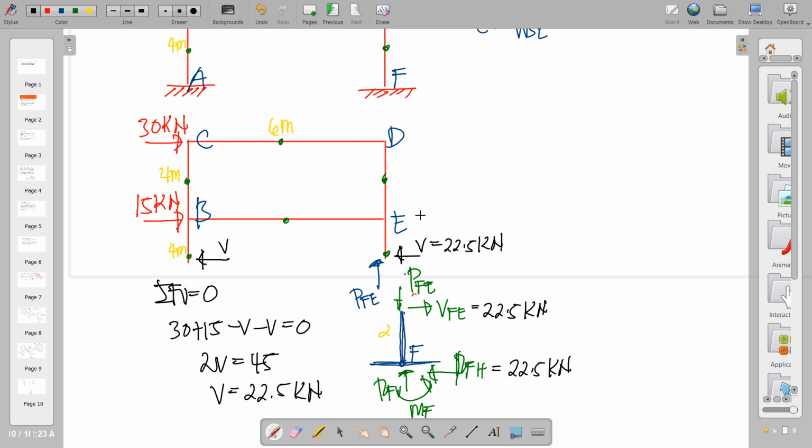Okay. So next, you can use the portal of E to further find for the unknowns. So the distances, this is 2, and this is 3.